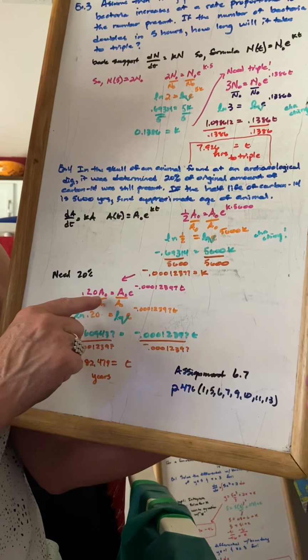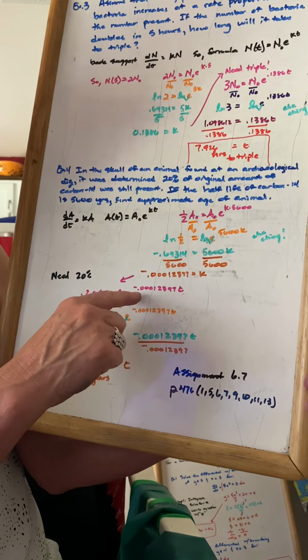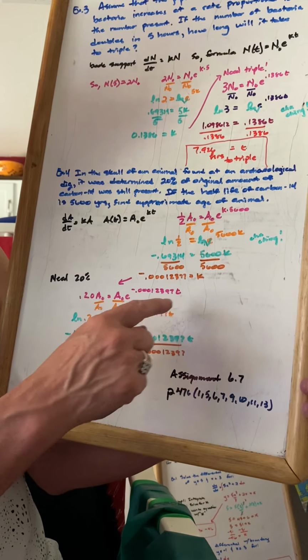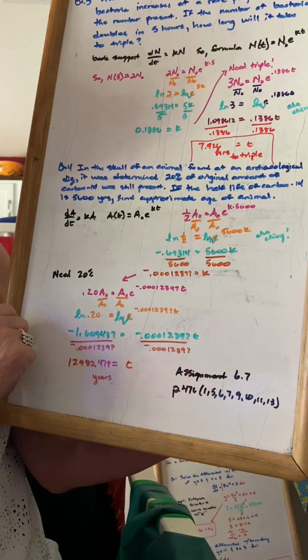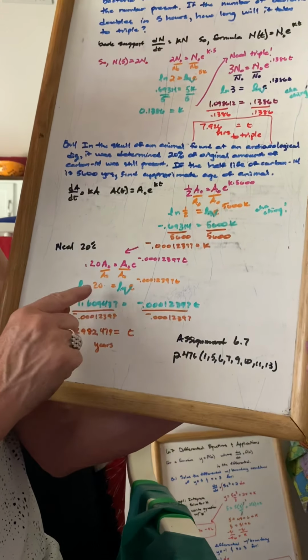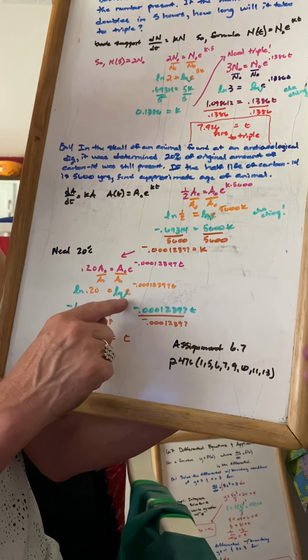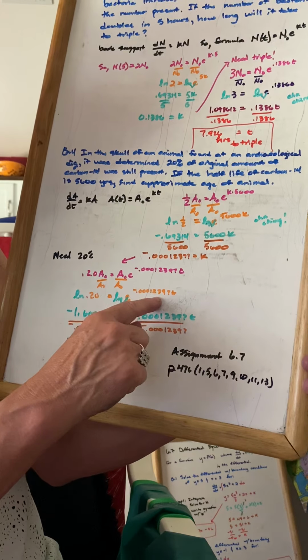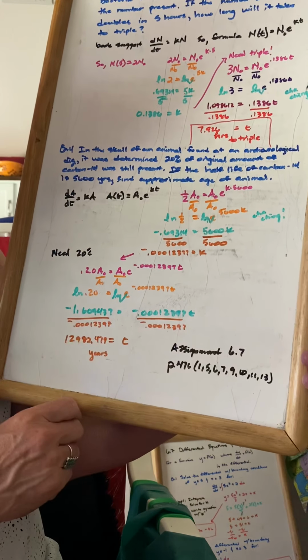So you have 20% of A equals A sub 0 e to the negative 0.000123997t. Divide out the A sub 0. You have 0.20 equals e to the negative 0.000123997t. You natural log both sides.